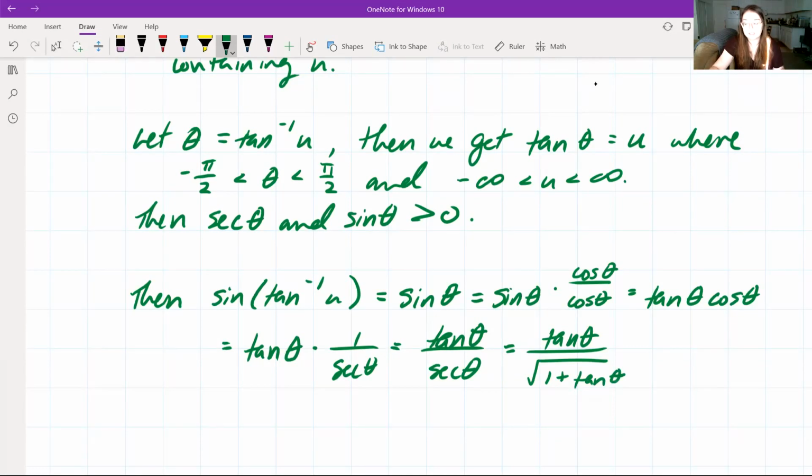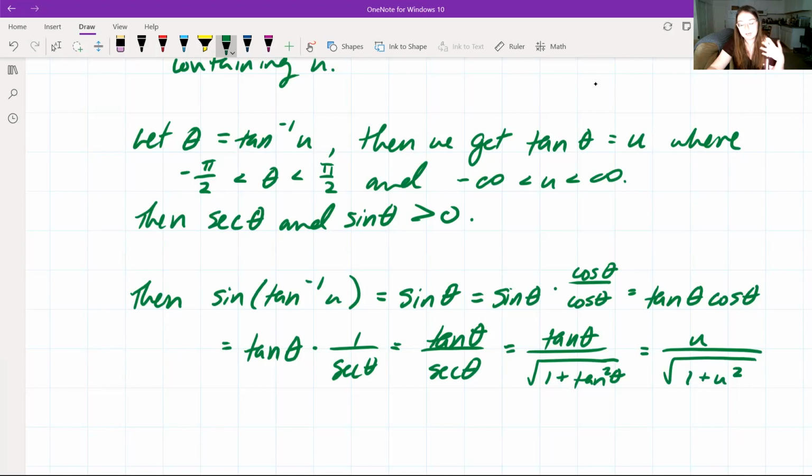Since we now only have tangent of theta, and what we established earlier was that tangent of theta was equal to u, we can simplify this expression to u divided by the square root of 1 plus u squared.